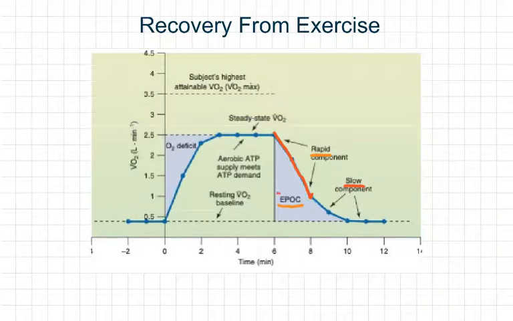And at this point, we have an inflection to where the rate becomes less and less. And this inflection point right here is the determining point between the rapid component and the slow component.